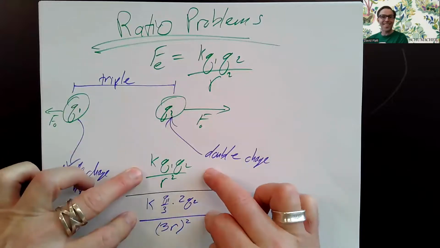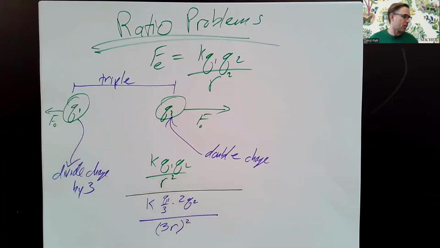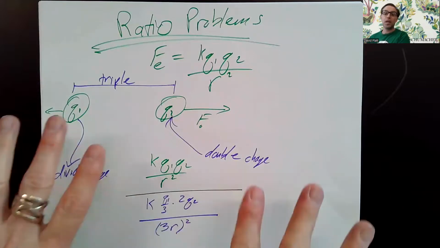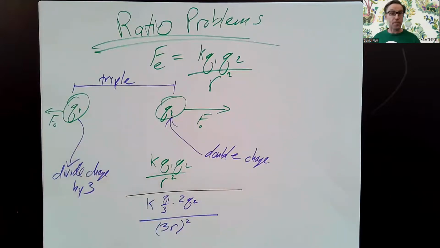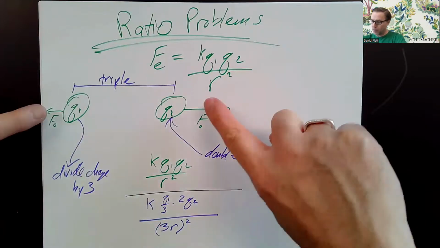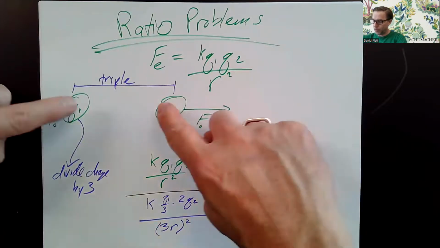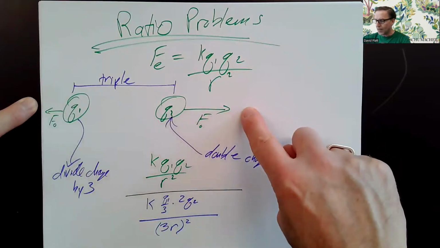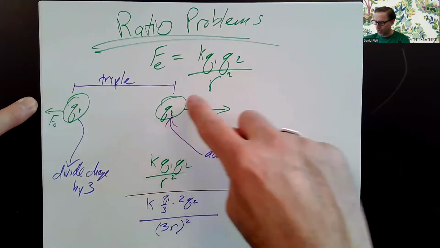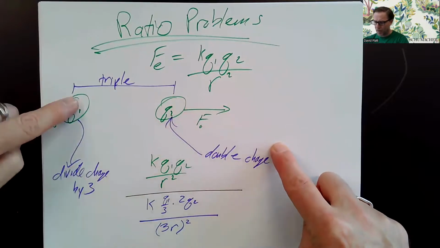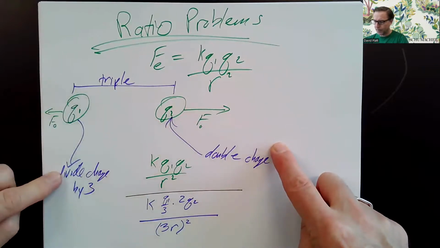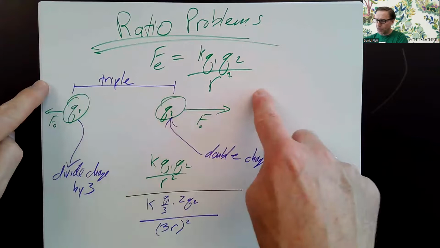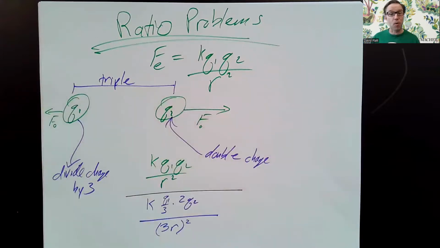Do you see how I got this answer? Well, that's not an answer yet, but do you see how I got this collection of letters that I'm going to simplify to be an answer? The problem said we started out with what's in green, 2 charges repelling each other. And then I said, hey, if I double this amount of charge and I divide this amount of charge by 3, I lessen it, and I spread them apart so they're 3 times as far away, what's the new force?